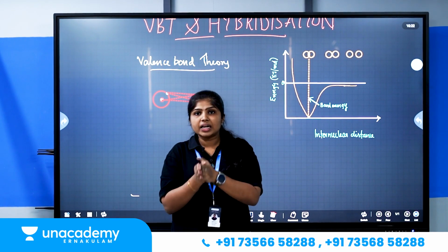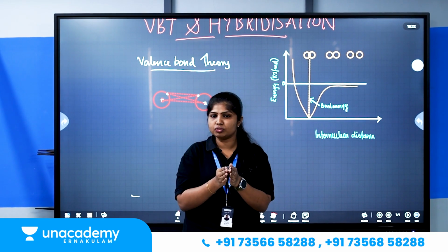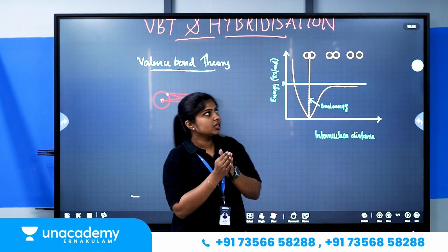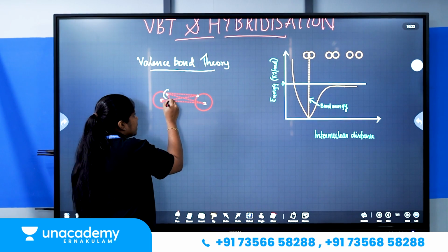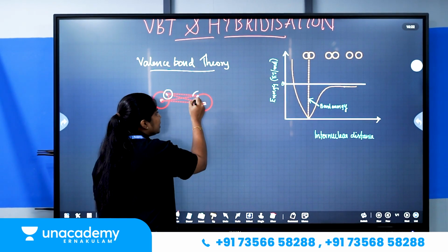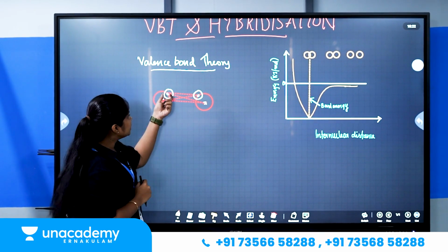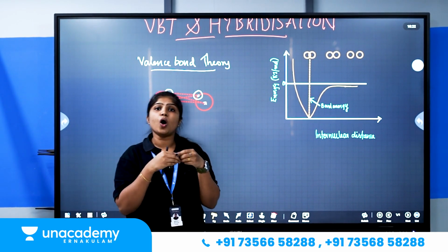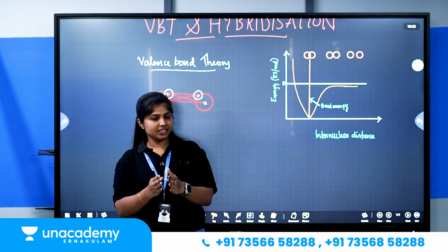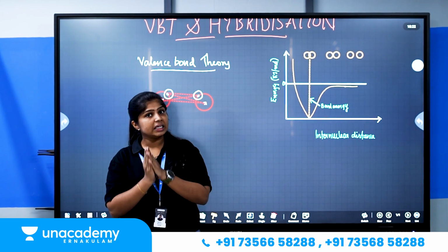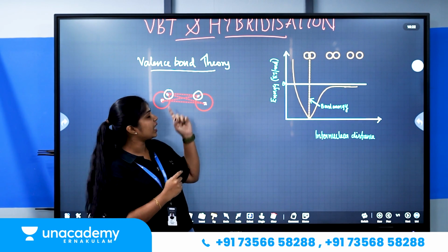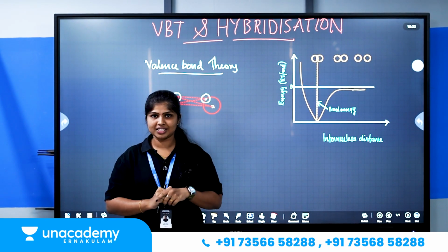When the attractive force and repulsive force are equal, this electron is inside the 1s orbital and here as well, right? So when the energies are equal, these orbitals are overlapping. And yes, the bond formation takes place by the overlapping of atomic orbitals.